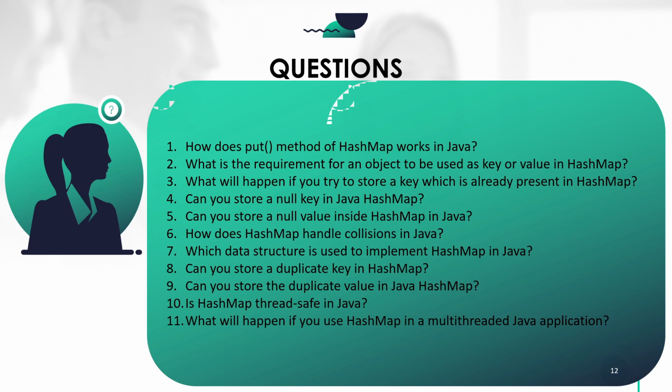If that is not the same, it is going to create a new node or entry consisting of the key value pair as part of a singly linked list on that bucket. In case of Java 8 and above versions, instead of that linked list, it is going to create a self-balancing binary search tree. Now the next question is, which data structure is used to implement HashMap in Java?